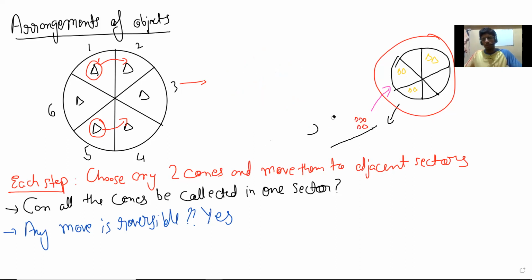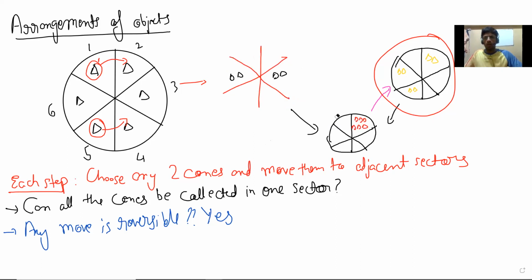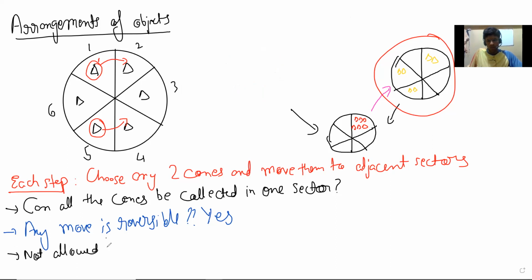Let's keep that, there's no problem in that. So not allowed to choose two cones from the same sector. Otherwise, this is possible.